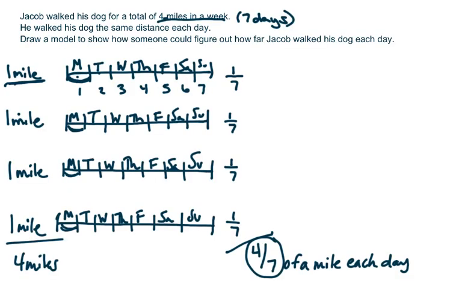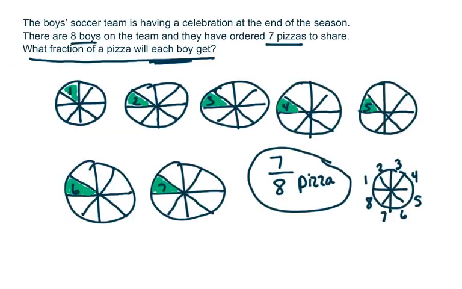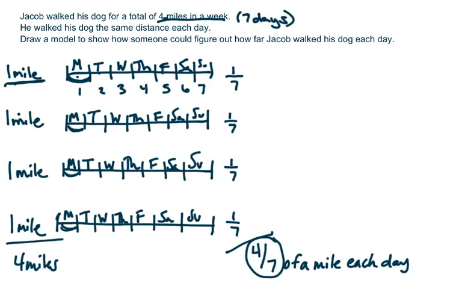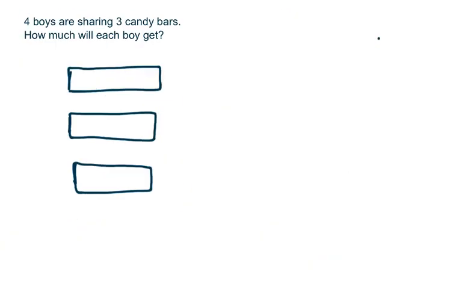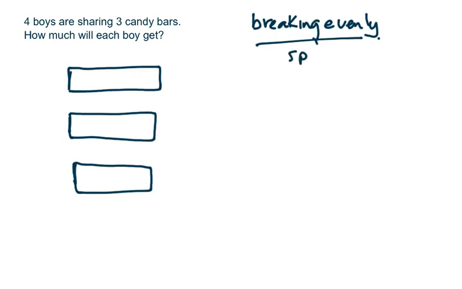When we look back at the previous example, when I broke this up into each day, or when we look at the first example, when I broke the pizzas into individual pieces, when we break something up evenly, well, we know it's division, or splitting. That's division. Well, that's exactly what we're doing when we're looking at these fractions.